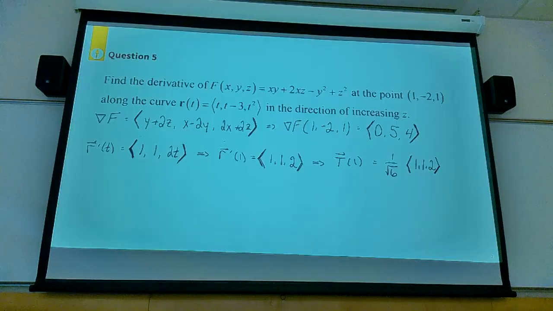There is our direction vector. And I'll just call this here the direction of interest.